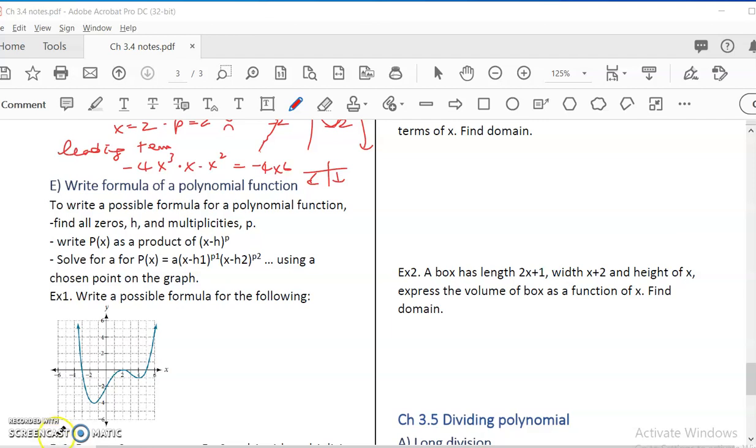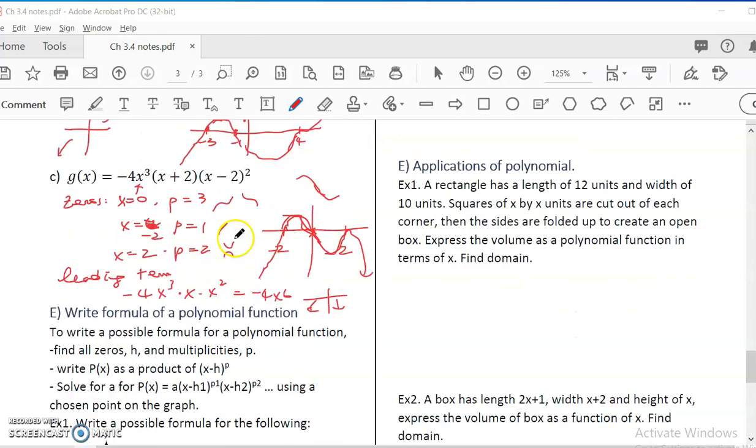We are going into understanding how to write the formula of a polynomial function. These two are actually the most important things of this one and the one that we just covered.